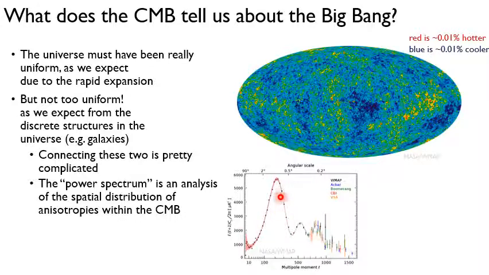What this plot tells you is the spatial distribution of these points that are a bit hotter, a bit cooler. So if you were to map the distance between the hot points and the distance between the cool points, roughly speaking, you'd get this thing called the power spectrum, and we can relate that to our galactic structure, and it maps up amazingly well.